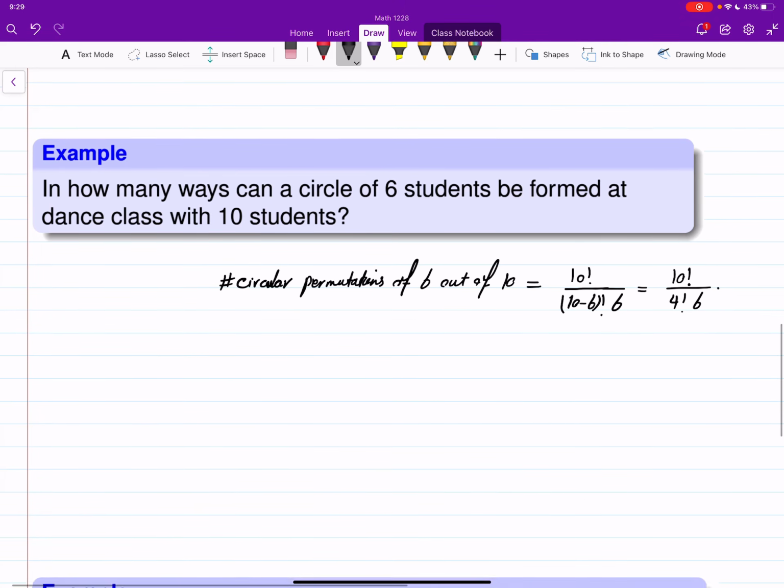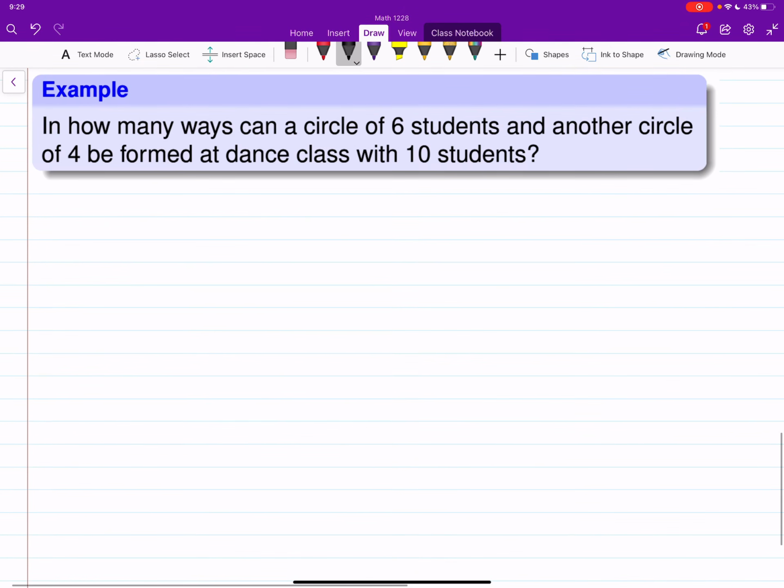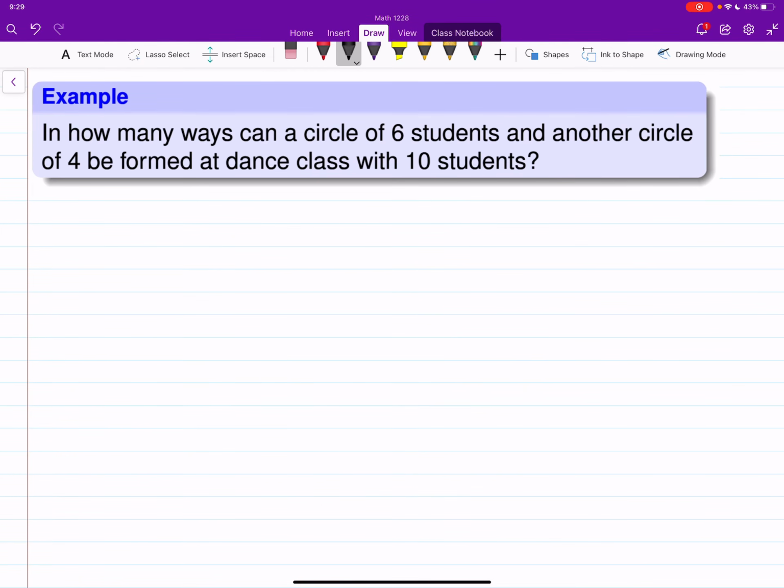Let's do one more, a little bit more involved. In how many ways can a circle of 6 students and another circle of 4 be formed out of 10? Here we have 2 steps. Step 1, we want to form a circle of 6 out of 10.